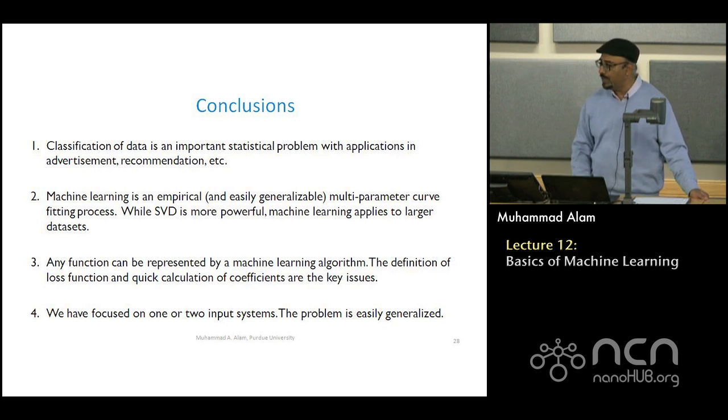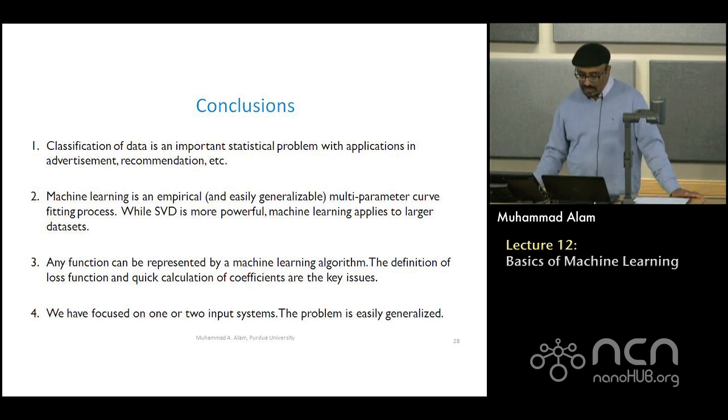Machine learning is empirical, and therefore is very easily generalizable. And most of the time machine learning becomes complicated because the only thing it has is a straight line. It doesn't have anything else. It has only a straight line. Because you remember W1, W2, even if you had multiple layers, it will always be W3, W4, W5, W6.